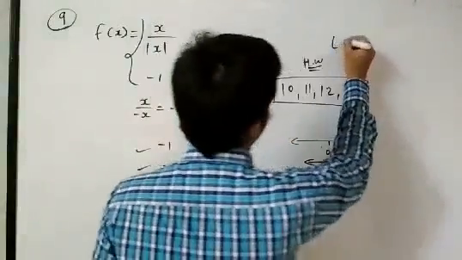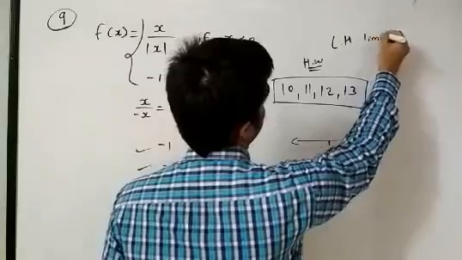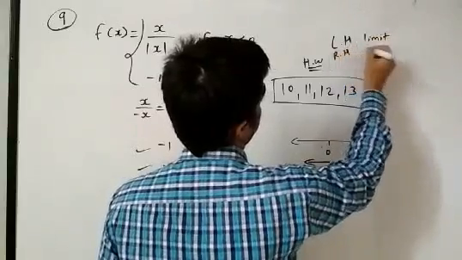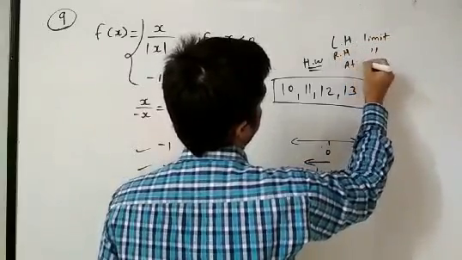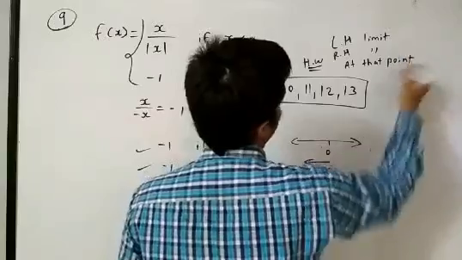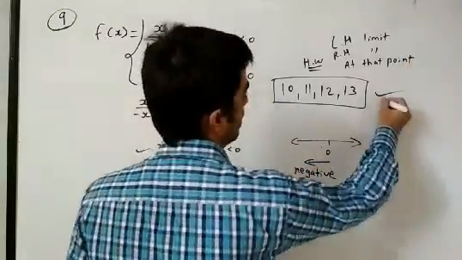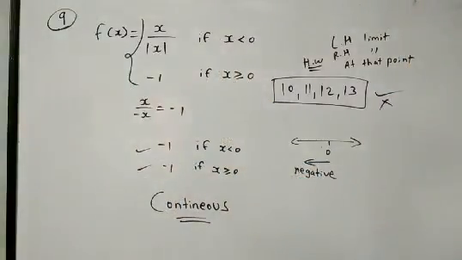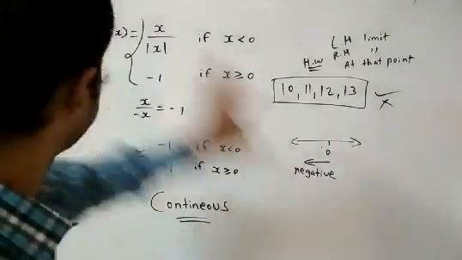We have to check left hand limit, check right hand limit, and at that point अगर तीनों इक्वल हैं then it is continuous. तीनों इक्वल नहीं हैं तो discontinuous. So I hope so that 10, 11, 12, 13 आपसे हो जाएंगे. If you are not able to solve then you let me know, I will be solving over here.